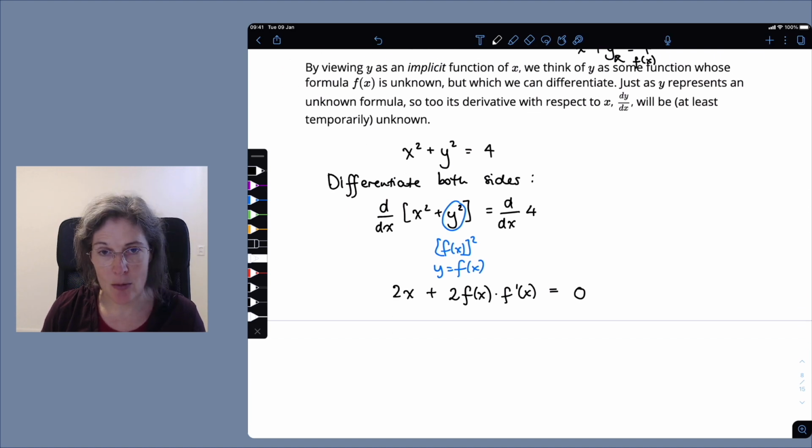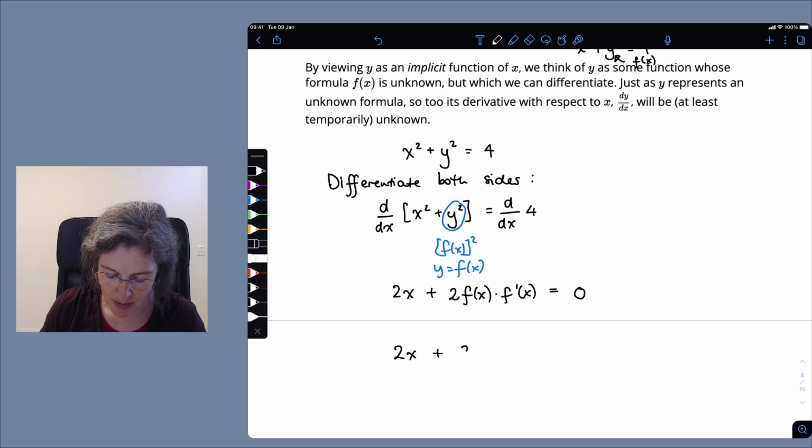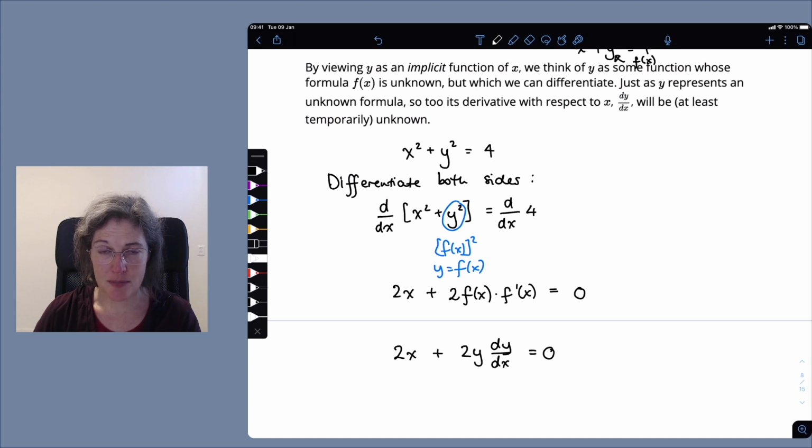And so finally, going back to the variables that we were using at the beginning, we've got that 2x plus 2y times dy by dx is equal to 0. Now we're not quite done, because usually when we have derivatives, we write them as a function, if you like. So we would write dy by dx is equal to stuff.